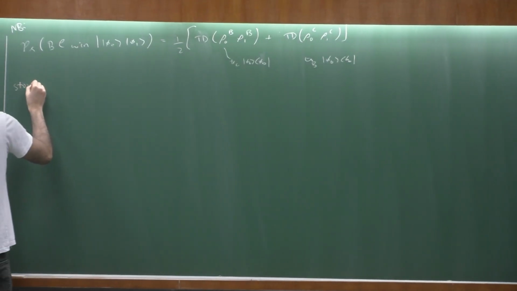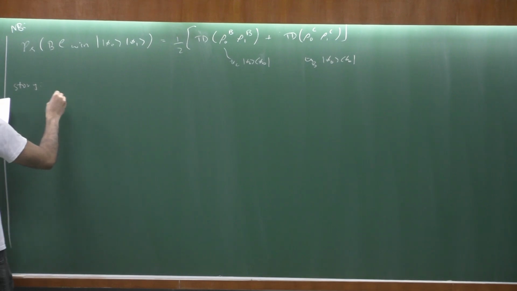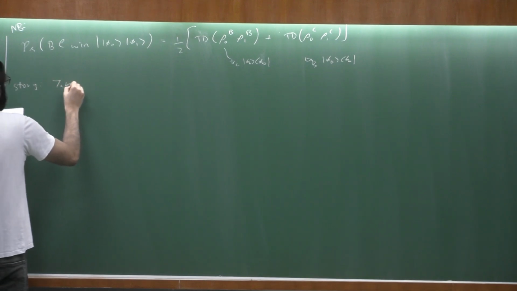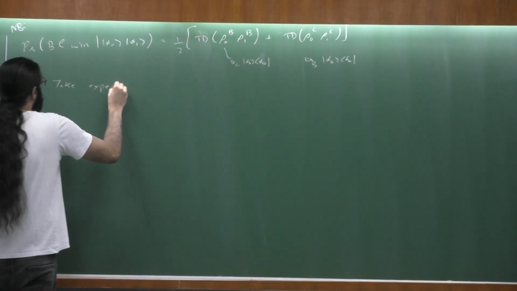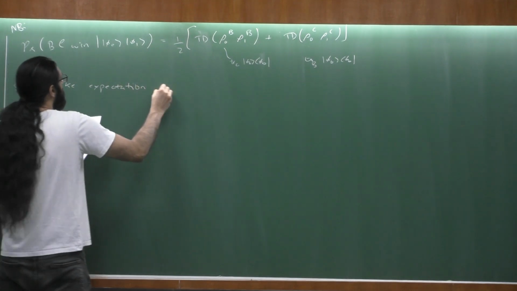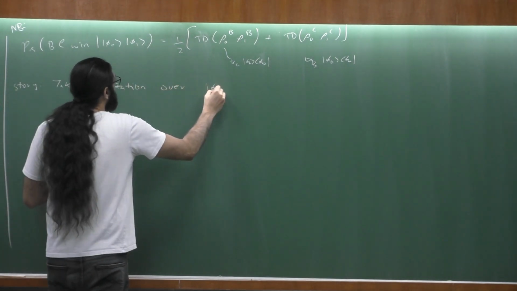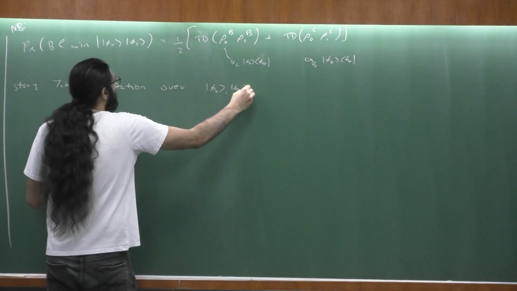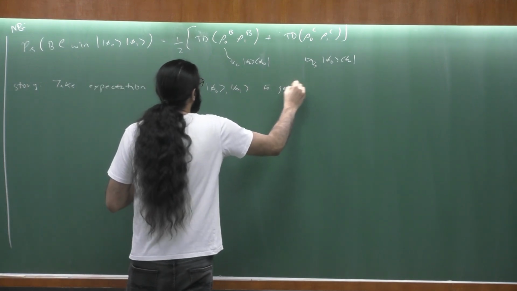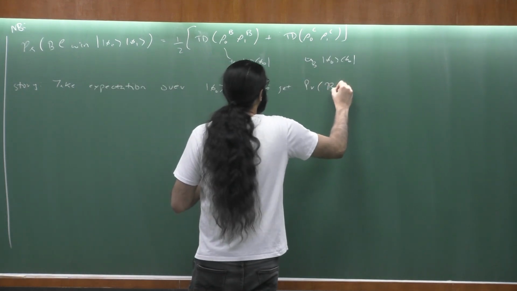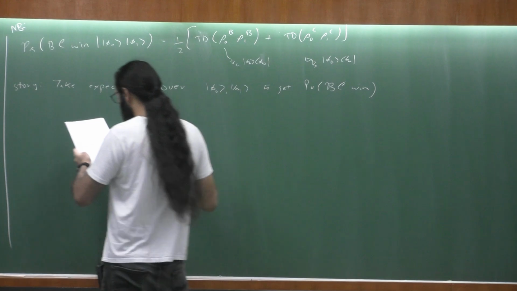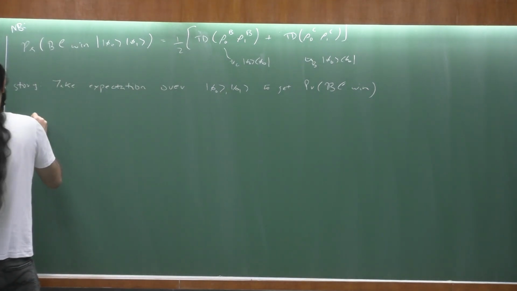So we want to get, so we take expectation over φ0 and φ1 to get the probability that BC win, and this is going to be the following.